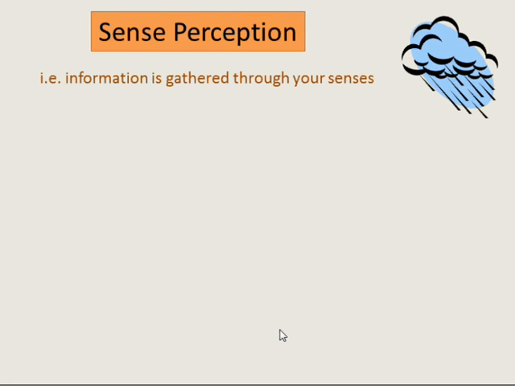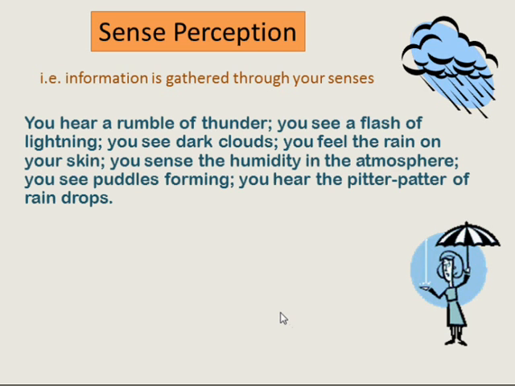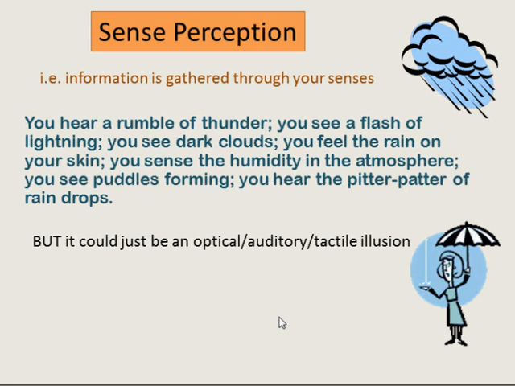Sense perception. That's gathering information through your senses. You hear the thunder, you see the flash of lightning, you see the dark clouds, you feel the rain on your skin. All these things bring you to the understanding, to the knowledge that rain is there.